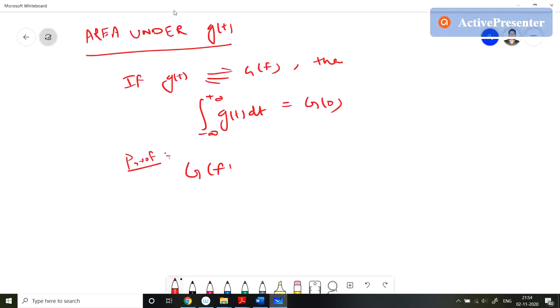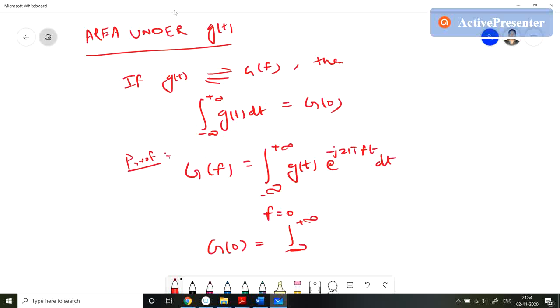G(f) is equal to the integral from minus infinity to plus infinity of g(t) e raised to the power minus j 2 pi ft dt. Now put f equal to 0, so we will get G(0) equal to the integral from minus infinity to plus infinity of g(t) dt.